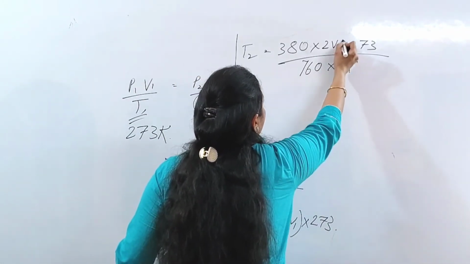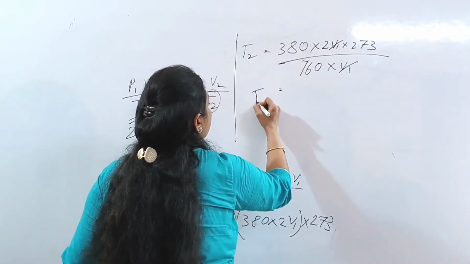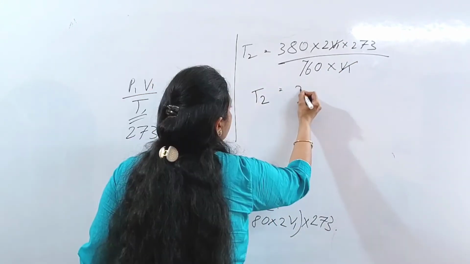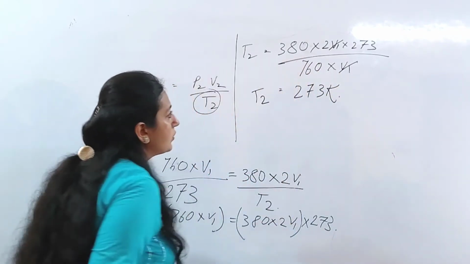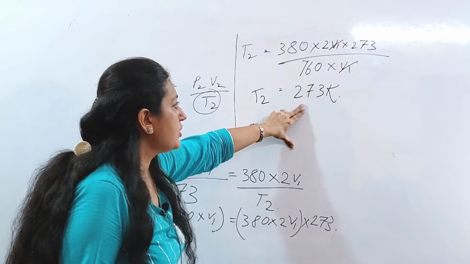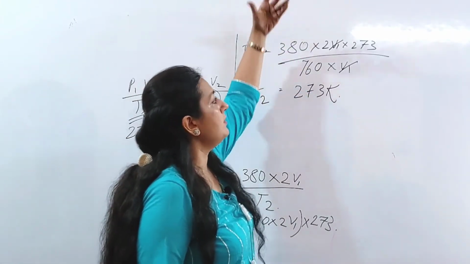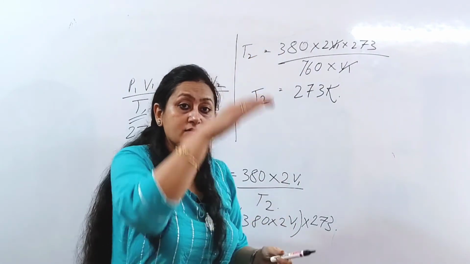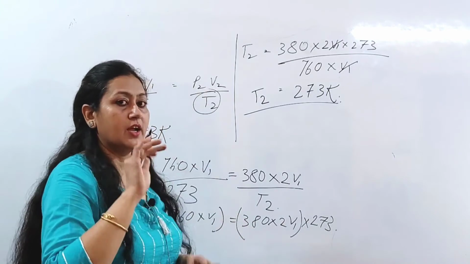So this V1 gets cancelled, and here you get T2 to be equal to 273 Kelvin. Okay. So did you find any change in the temperature? No change, because when we doubled the volume, we decreased the pressure to half. So temperature did not change at all.